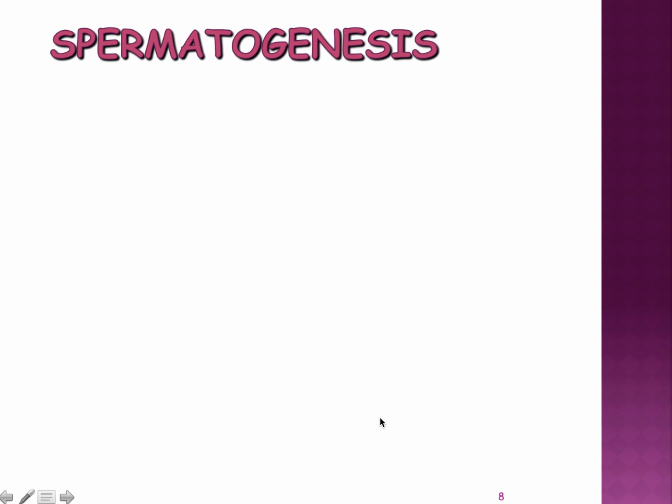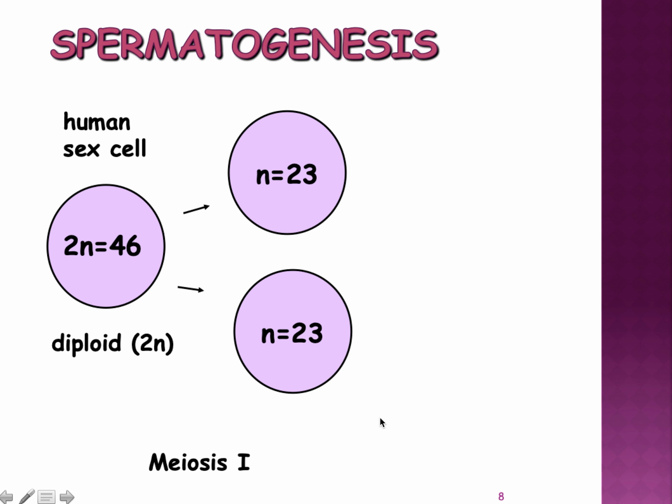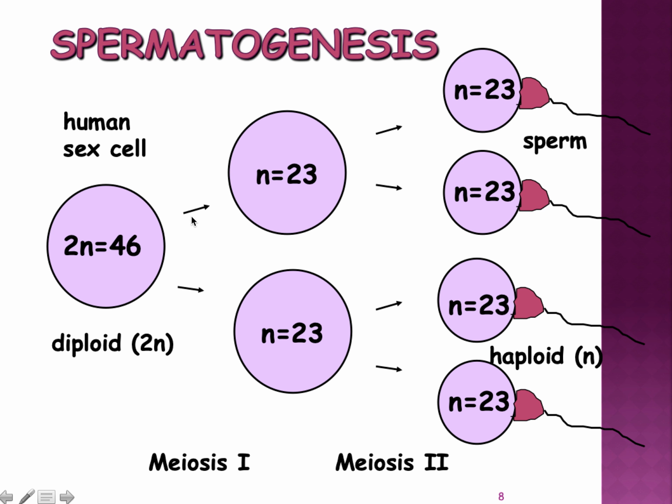Okay. So this is what it looks like in spermatogenesis. This is just very simplified, right? We will talk more about the phases of meiosis in a minute. But in spermatogenesis, this is a type of meiosis. You will get this precursor human sex cell at 46 chromosomes. Then you will end up having 23 chromosomes at the end of meiosis 1, and then there will be division happening at meiosis 2.